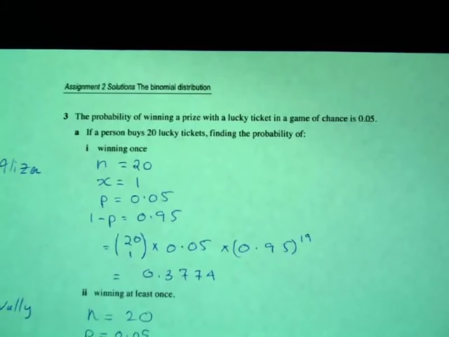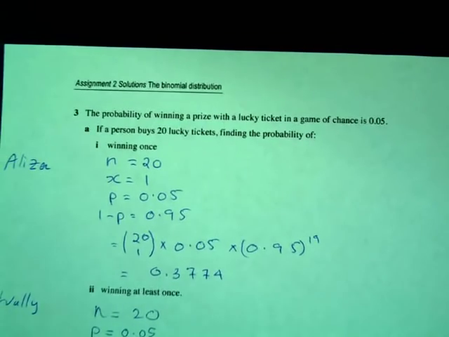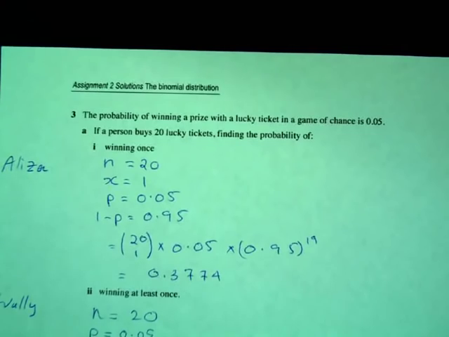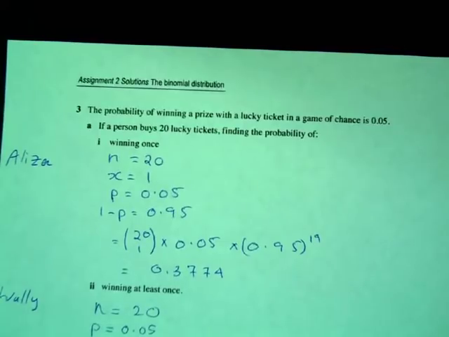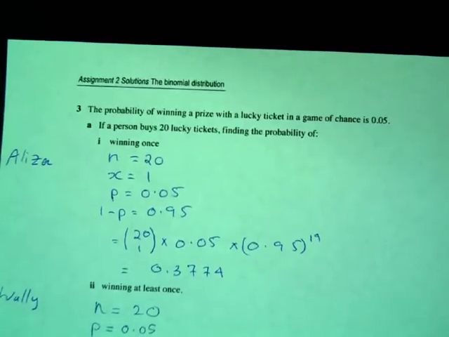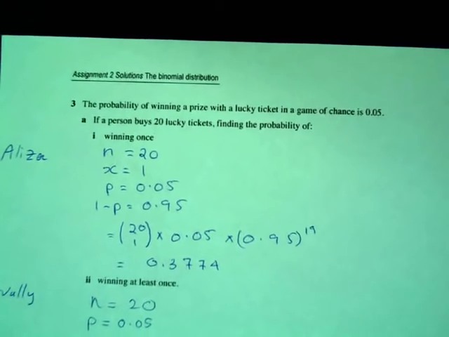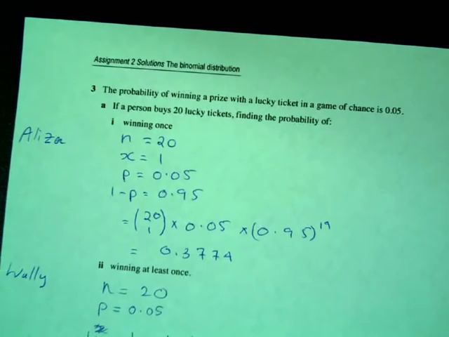The number of chances we're taking is 20, and the winning we want is 1. The probability of getting it is 0.05 and not getting it is 0.95. We can use a binomial PDF to get the answer. And if we want to do it by hand, we use the binomial distribution equation, and that's done there. Okay, and so we get the answer.